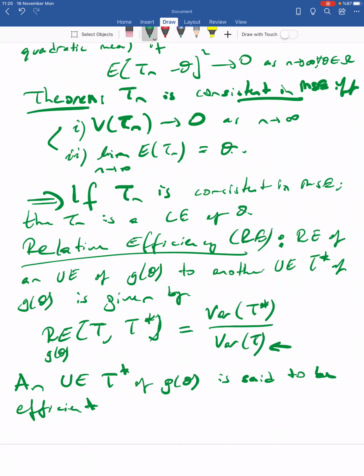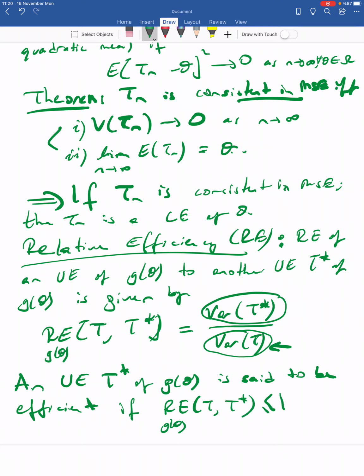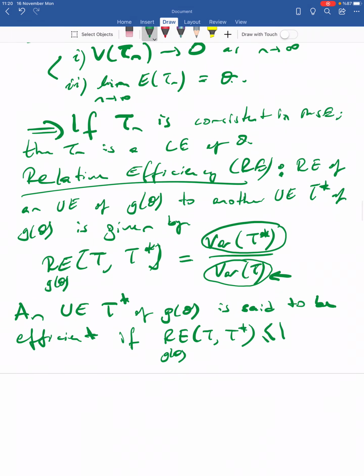If the variance of T star is less than the variance of T, then the relative efficiency should be less than 1, right? So if this is the case, we have an efficient estimator. If the relative efficiency of T and T star for estimating g theta is less than or equal to 1, equality just shows the equivalence, for all unbiased estimators of g theta.